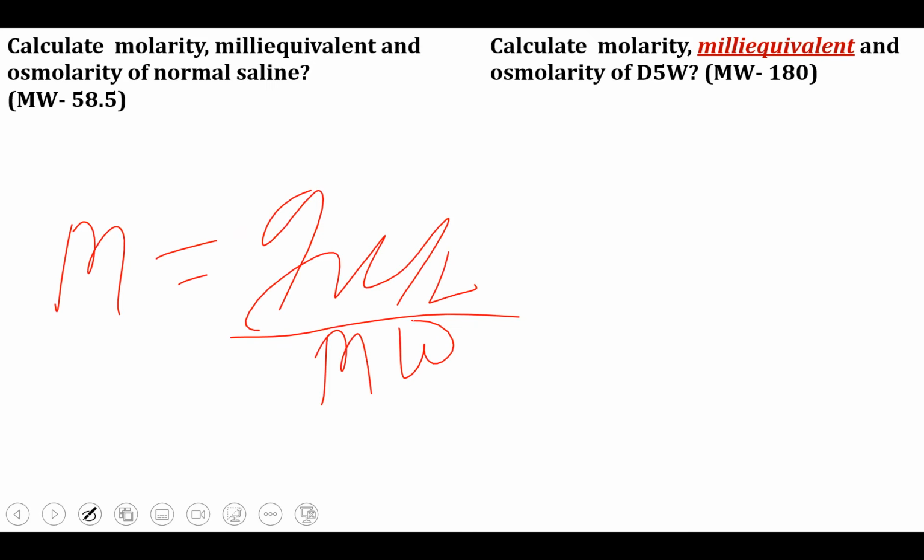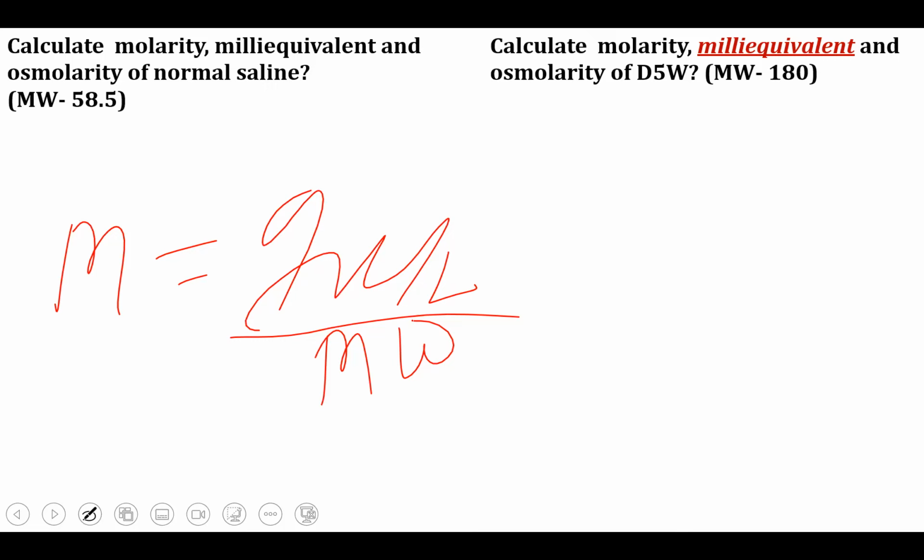No matter whether I give you percentage or milligram per ml, you always convert that into gram per liter and divide it by the molecular weight, which gives you molarity. And then for the particles it represents, you multiply by 2, 3, or 4, which I will provide in the exam.